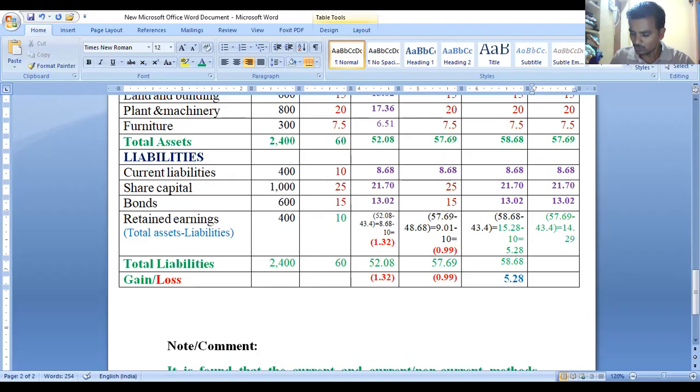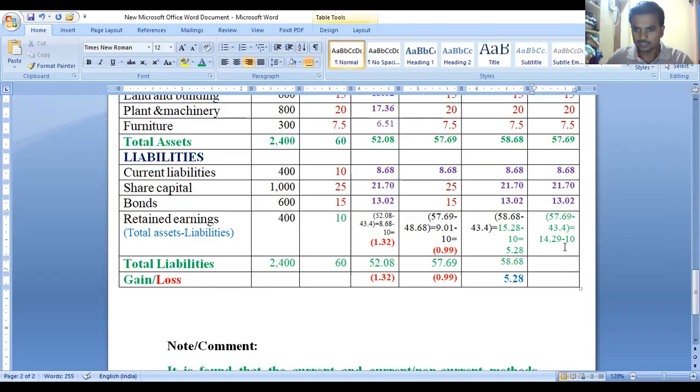14.29. Again, you need to compare with minus. So the historical rate, how much is there? 10. So how much would you get? Here is 14.29 minus 10.